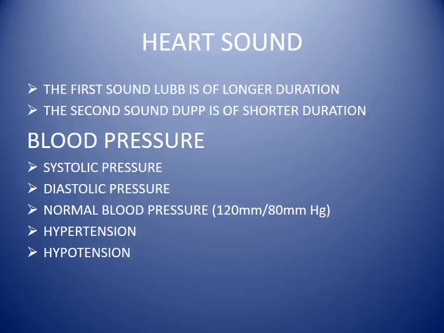The second sound is D-U-P-P, dub. Lub, dub, lub, dub. Dub is of shorter duration and is produced by the closure of semilunar valves at the end of ventricular systole.